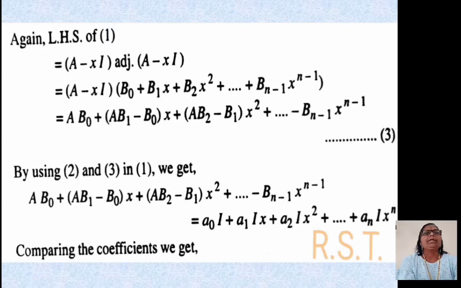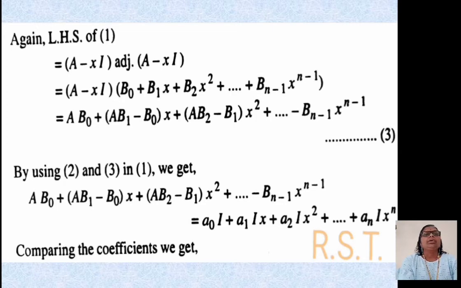After simplifying these two brackets, we get LHS of equation 1 equal to Ab0 plus, in bracket, Ab1 minus b0, bracket complete, into x plus, in bracket, Ab2 minus b1, into x squared, up to the last term minus b(n minus 1) x raised to n. Denote this equation as equation 3.